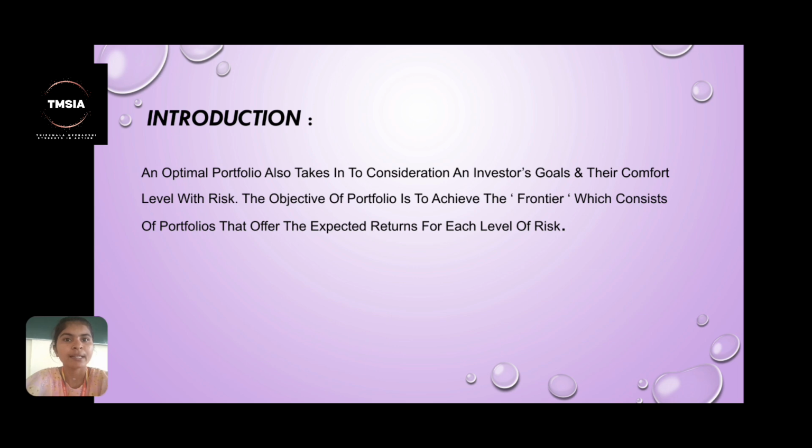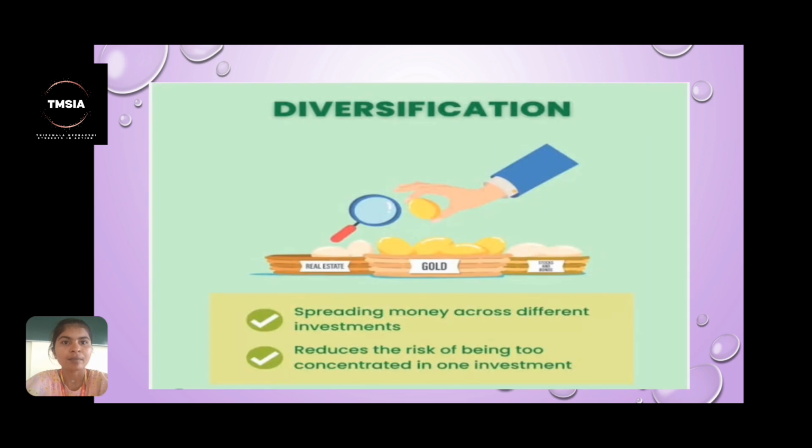First, we know the introduction. An optimal portfolio also takes into consideration an investor's goals and their comfort level with risk. The objective of portfolio optimization is to achieve the efficient frontier, which consists of portfolios that offer the expected return for each level of risk.